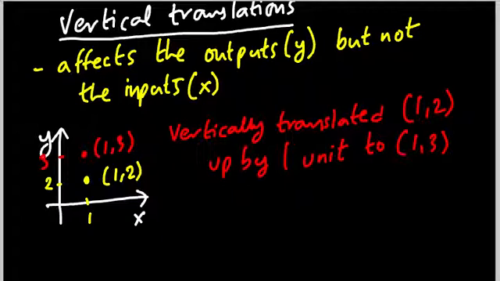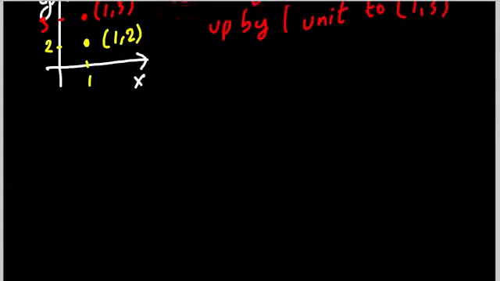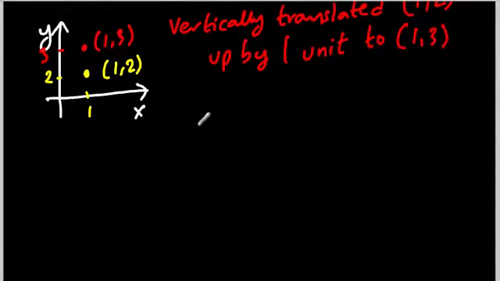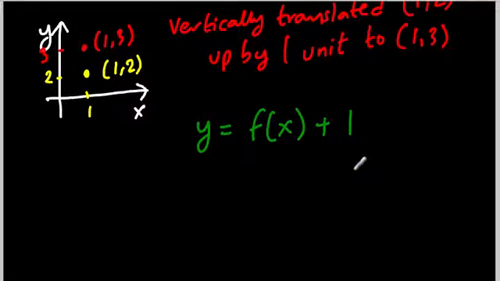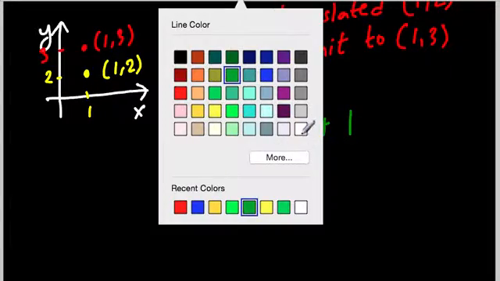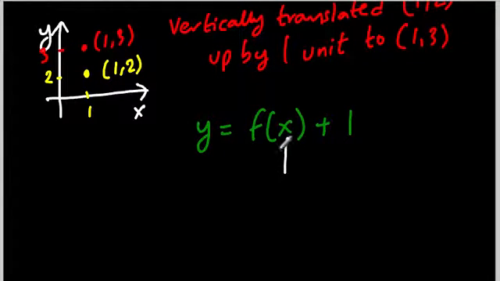Let's take a look at the functional notation for this. So let's say, for example, I say y equals f of x plus 1, right? What that means is, if you look at the x's, there's no change in the x's. The y's, on the other hand, are not being multiplied by anything because there's no stretch, so there's no number in front of f of x.